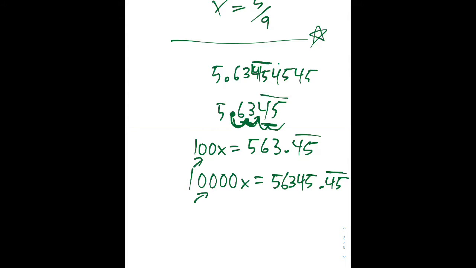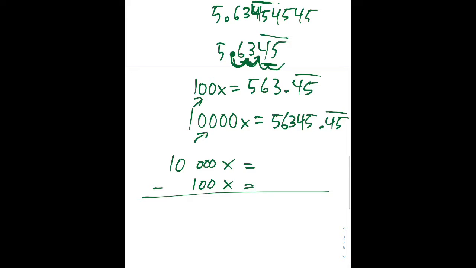If I do the same kind of trick where I take 10,000x and I subtract the 100x, I'm going to get 10,000 minus 100, which is 9,900 x's.